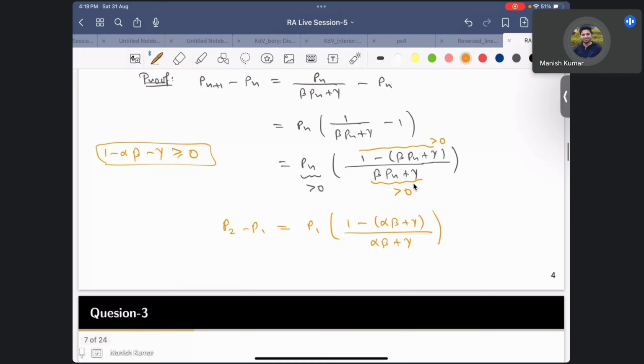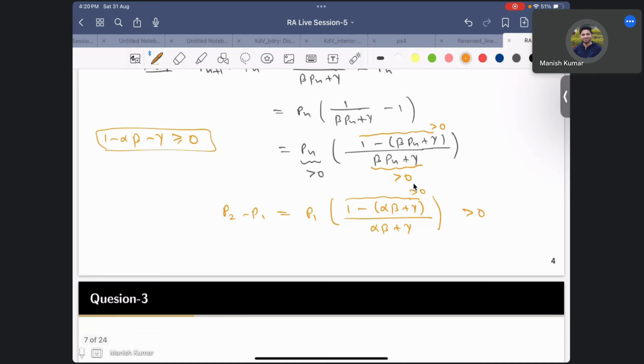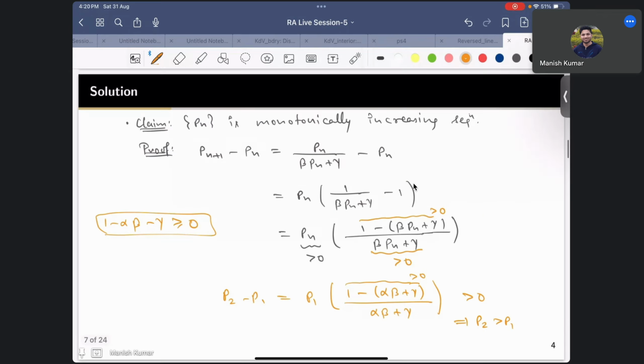And now I know that this is greater than 0. So this whole thing is greater than 0. So clearly this shows that P2 is strictly greater than P1, but you have to show it recursively.